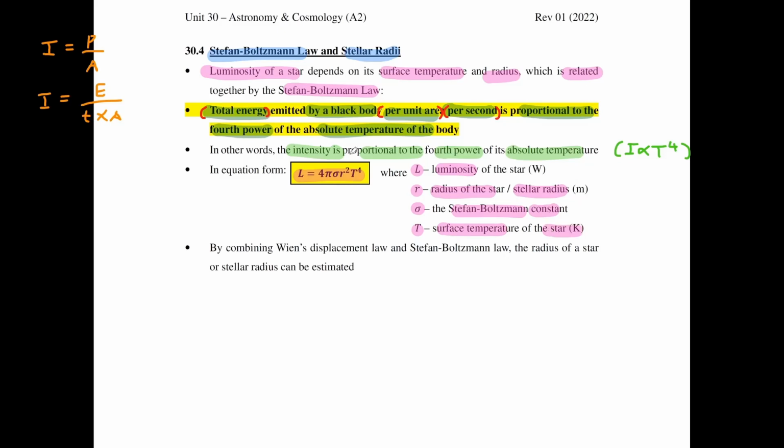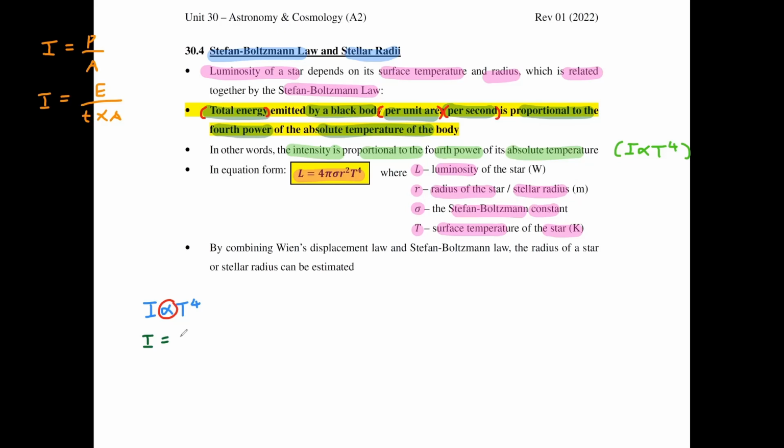So how do you get this equation in the first place? While the derivation is not required in your syllabus, it's a good idea to know how it's derived in order to deepen your understanding. So right now, let's just say that intensity is directly proportional to the temperature raised to the power of 4. You want to get rid of the proportionality sign here, so you need to introduce a constant.